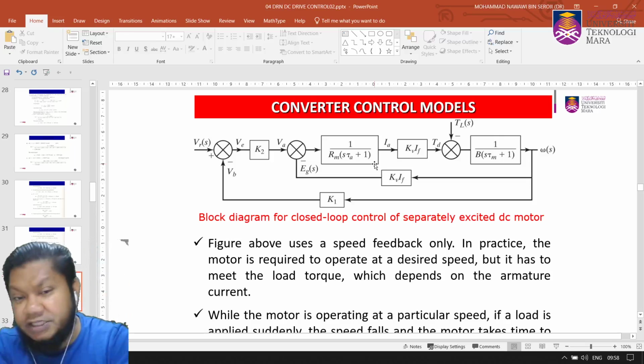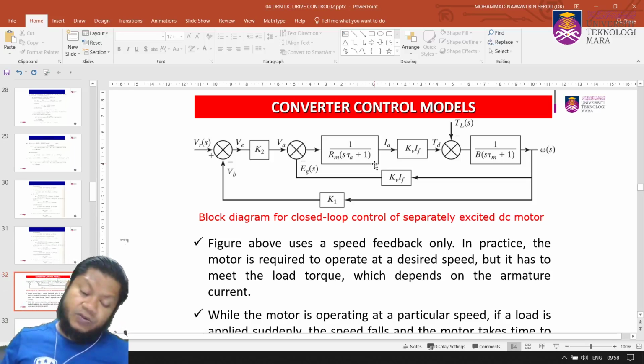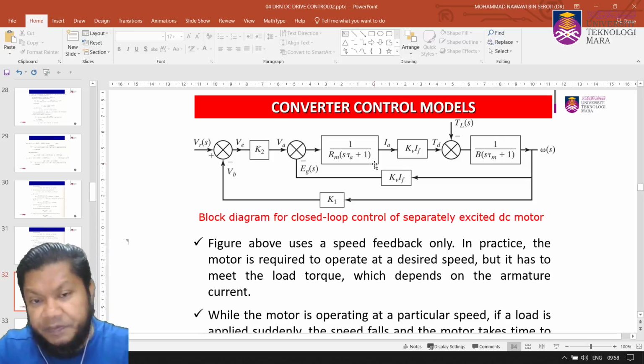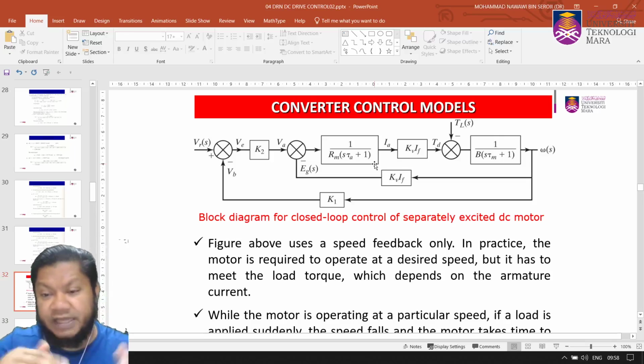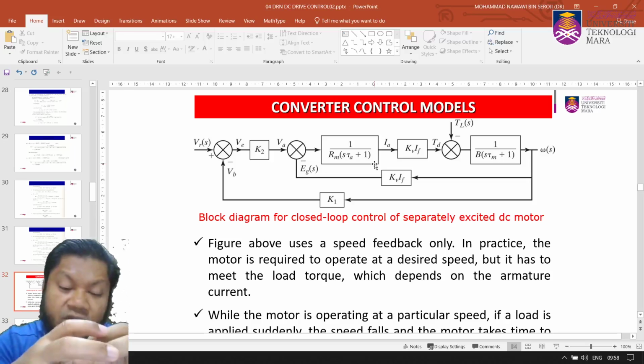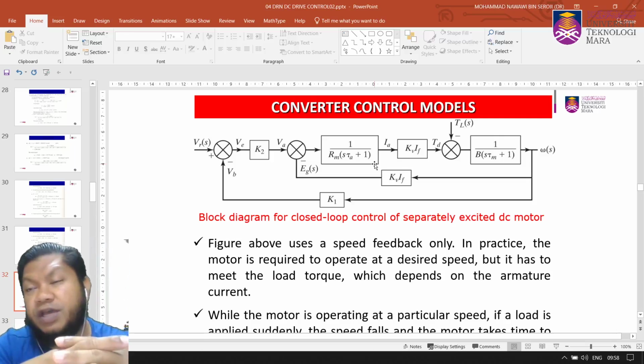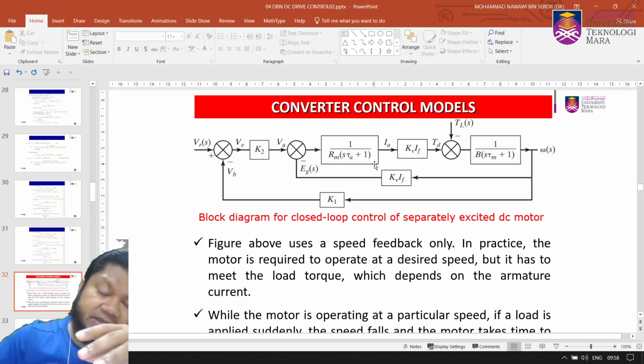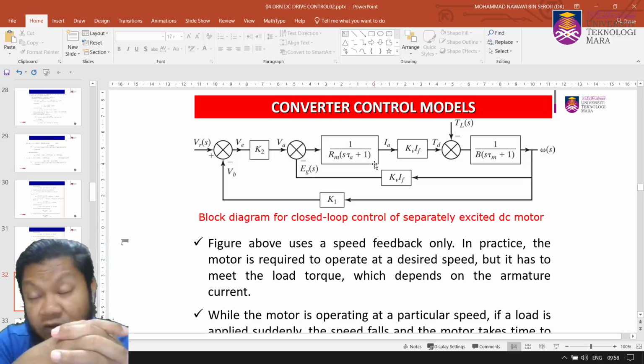The final stage is to put in the compensator circuit into the circuit to make it stable. With this compensator circuit we can stabilize the output voltage and the speed of the motor.